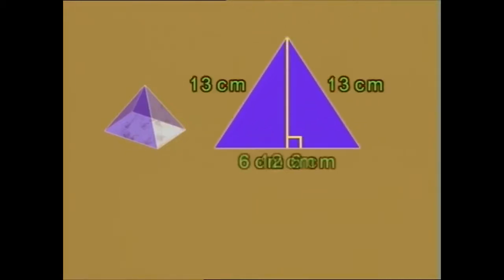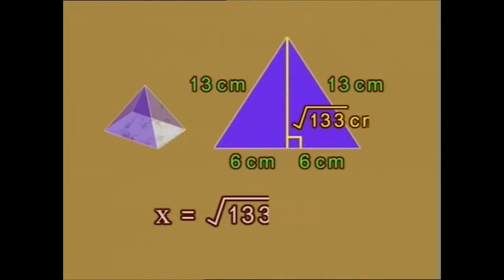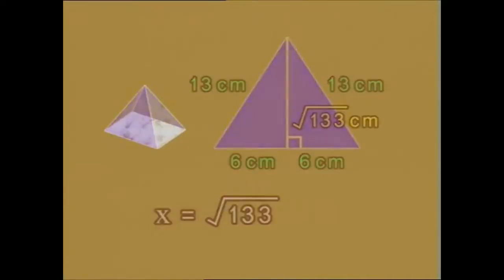The 2 triangular faces at the front and back are identical. Their height, x, according to Pythagoras' theorem, equals the square root of 133 centimeters. The 2 triangular side faces are also identical.